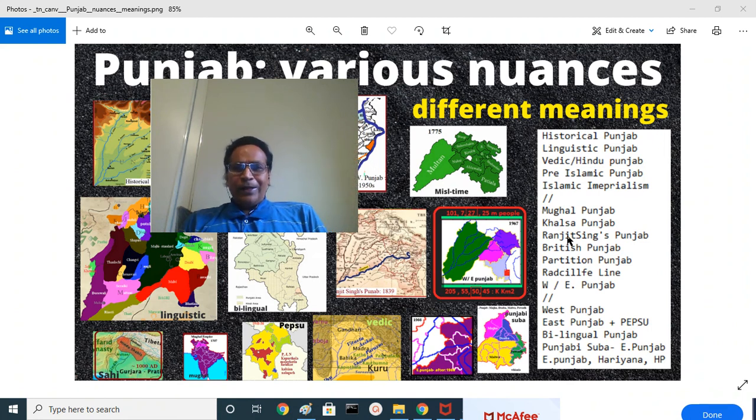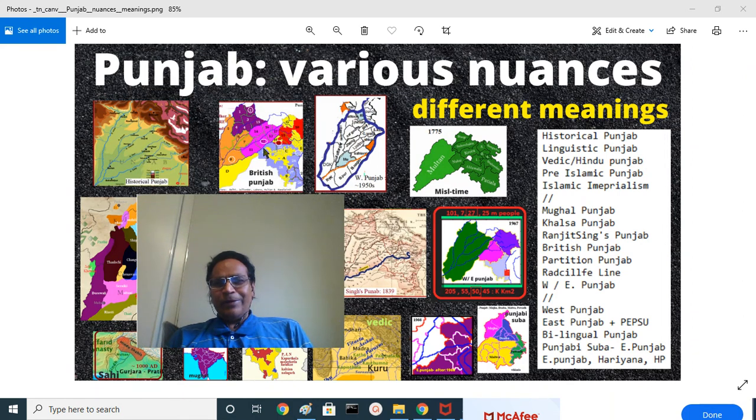When he died in June 1839, the kingdom fell into anarchy within a decade. The British, seeing an opportunity, fought two wars and annexed the Khalsa kingdom into the British East India Company and formed British Punjab, with five divisions: Rawalpindi and Multan, central Lahore, the southern Hisar Haryana division, the Ambala or Delhi division, and the Jalandhar division, and it survived nearly 100 years.